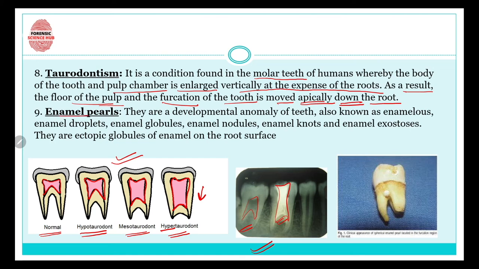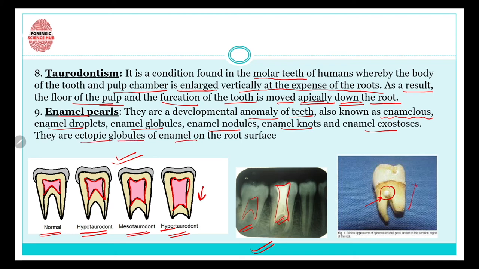These are developmental anomalies of teeth, also known as enamel droplets, enamel globules, enamel nodules, enamel knots, or enamel exostosis. So simply here you can see in this area there's an enamel pearl globule type thing that you can see. So this is enamel pearl. They are ectopic globules of enamel on the root surface.